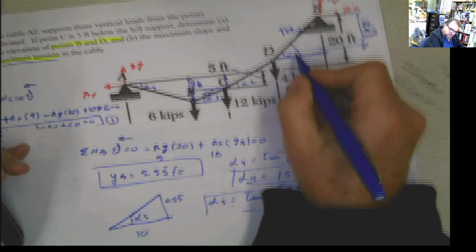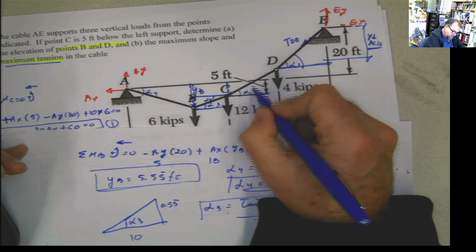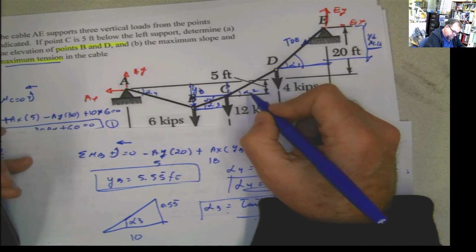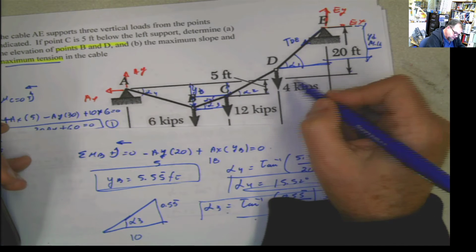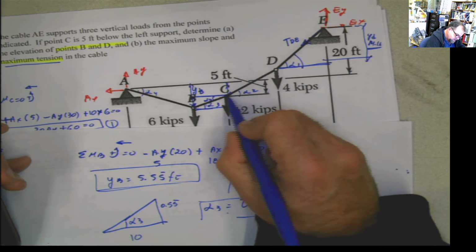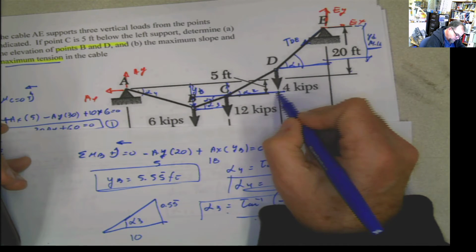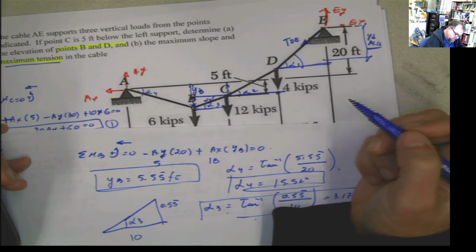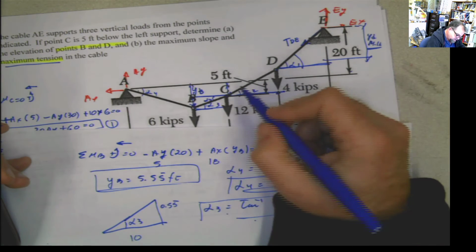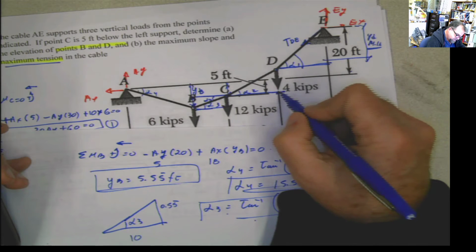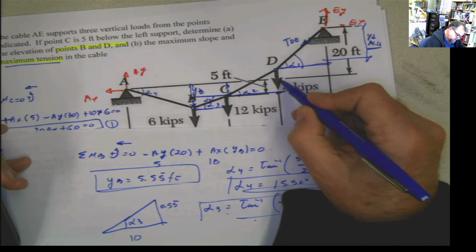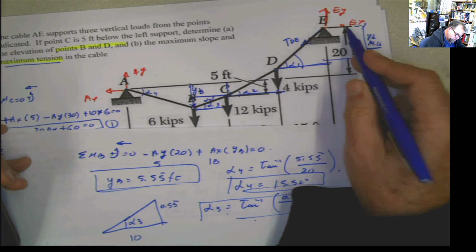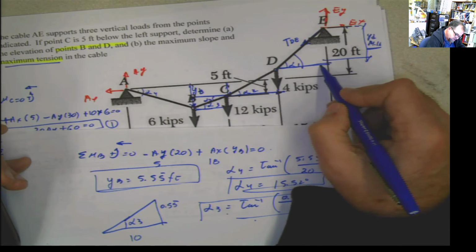Now we need one more. We already calculated this before. We need one more here. This angle here, well, we need this height. Can we calculate that height? Well, I know that this part is 12, and this is also 5 here. This is 20, and this is YB.